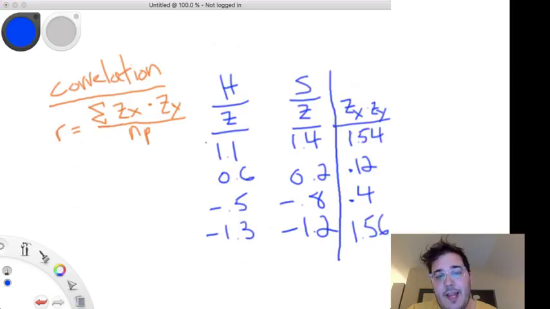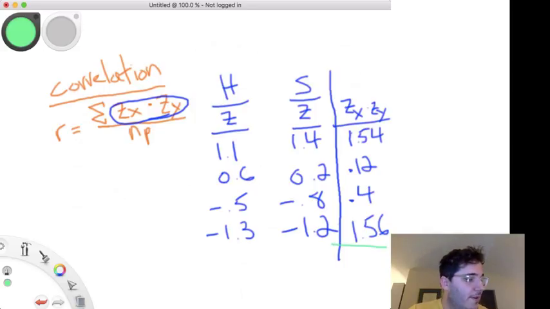So we've done the multiplication across. That's this part, zx times zy. Then you have to add up everything. So it's 1.56 plus 0.4 plus 0.12 plus 1.54 equals 3.62.